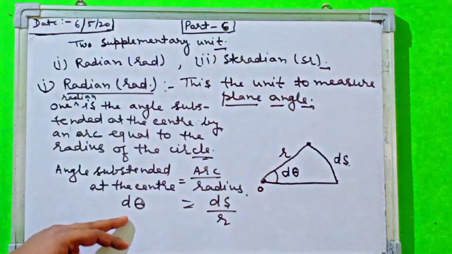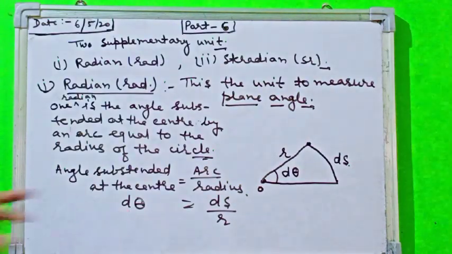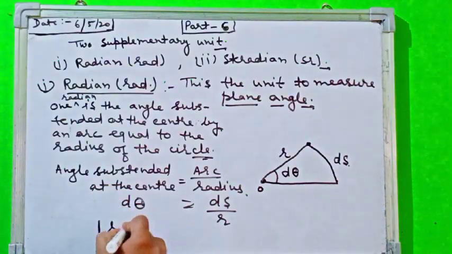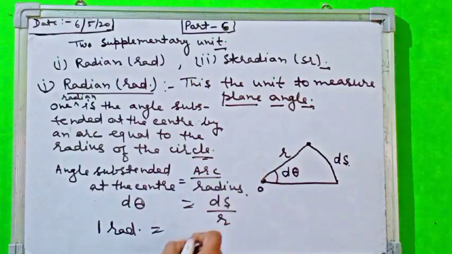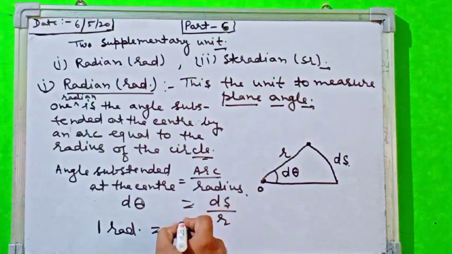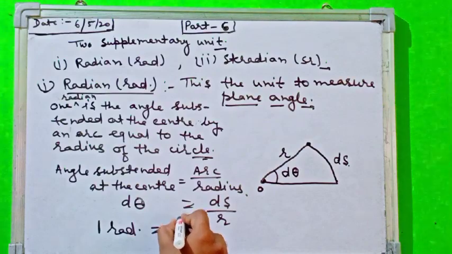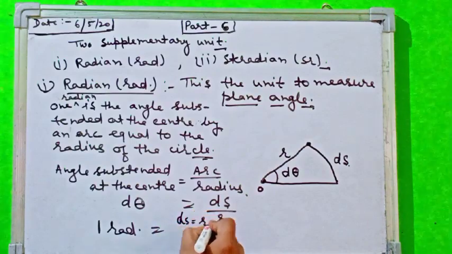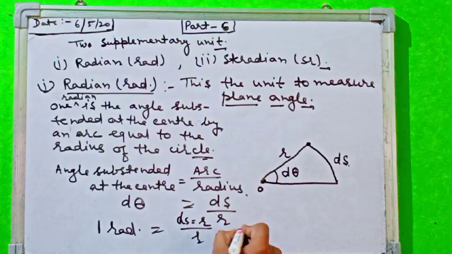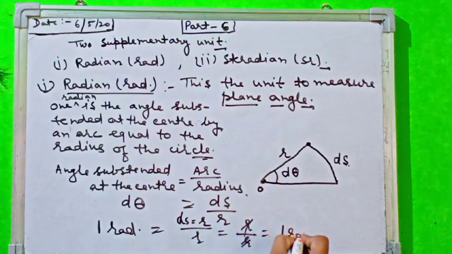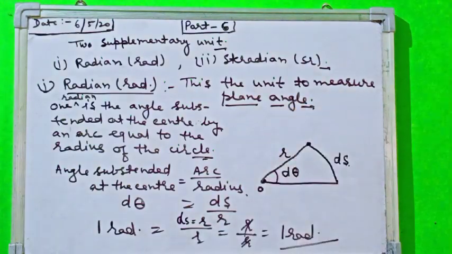So d theta is called 1 radian if ds is equal to r. So d theta is equal to ds upon r, or you can say it is equal to r upon r, the r's cancel out, and it is equal to 1 radian. So it is 1 radian.